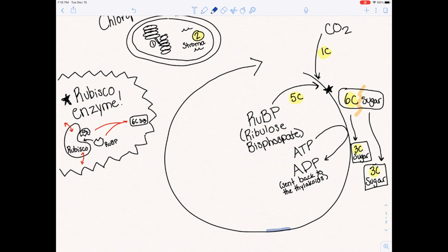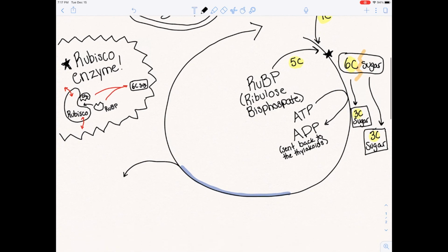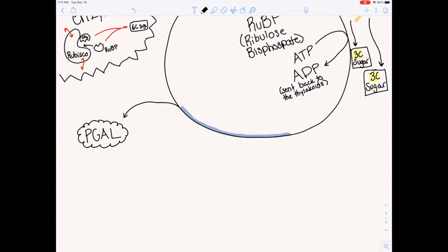What happens next is a series of reactions. Luckily, we don't have to worry about the names of these for now. But what eventually comes out of the Calvin cycle is a new sugar, pGal, and with a little bit more modification, pGal can form glucose.